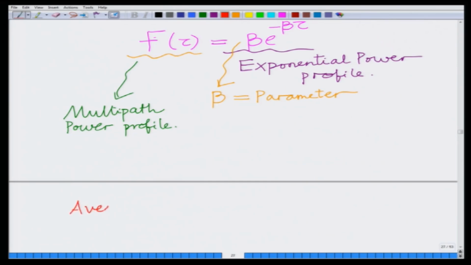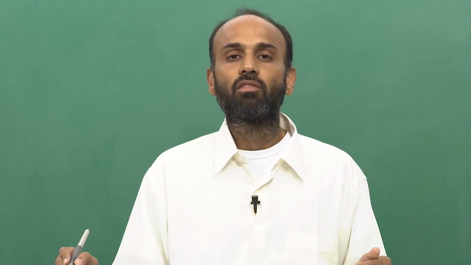The average delay or the mean delay, as we have said before, is integral 0 to infinity tau times f of tau d tau.